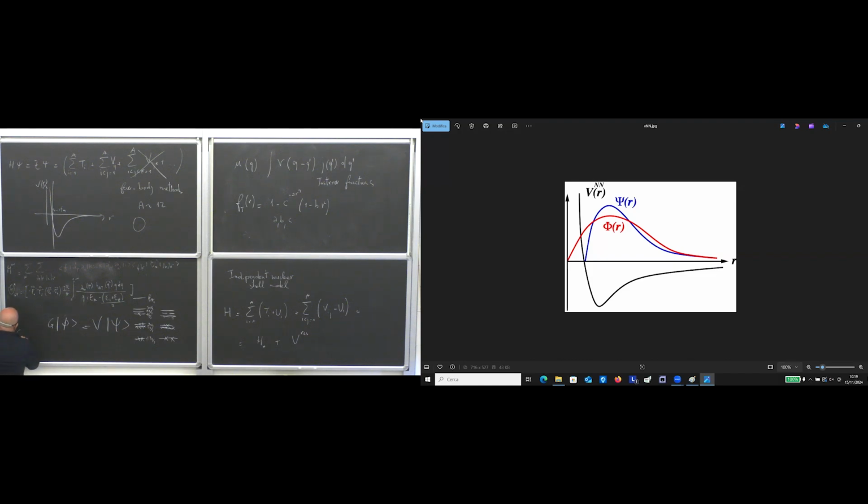the so-called coupled cluster method, or the in-medium SRG, in-medium similarity renormalization group, namely, you are using the techniques of the renormalization group in order to get a similarity transformation in medium systems.